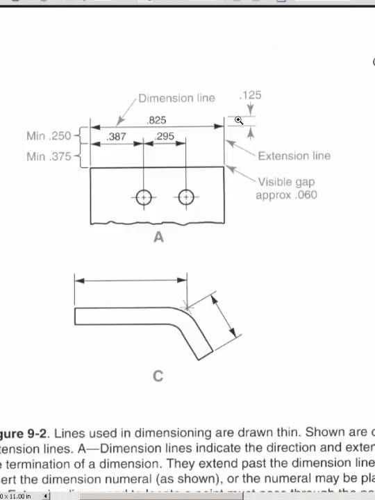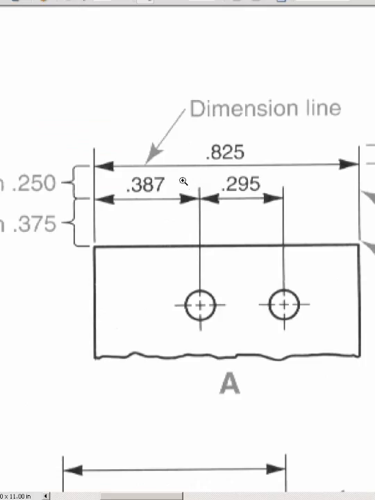It shows you the height that the extension line should extend beyond the dimension line, and the minimum spacing for dimensions stacked on top of each other. It even shows how the extension line needs to pass through a portion of the center line, but not actually hit the center point of a circle. So there should be a gap there, and there should be these distances around.